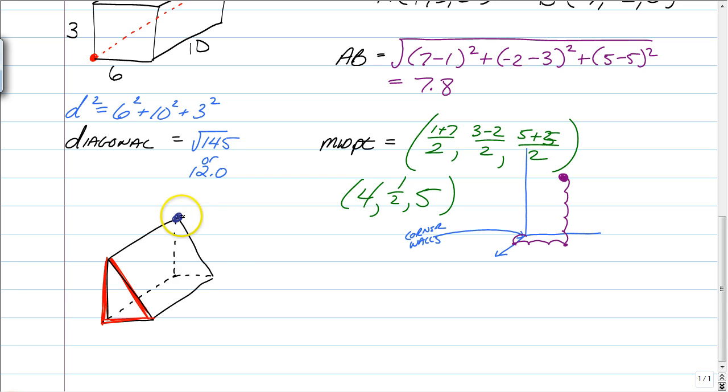Vertices are just the intersections of all of your straight lines. And faces are the rectangular or triangular or whatever kind of shape that's two dimensions. And you put all of those pieces together.